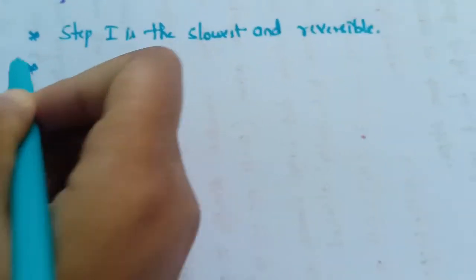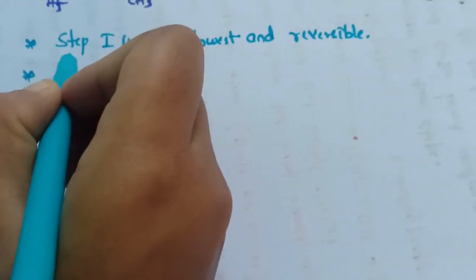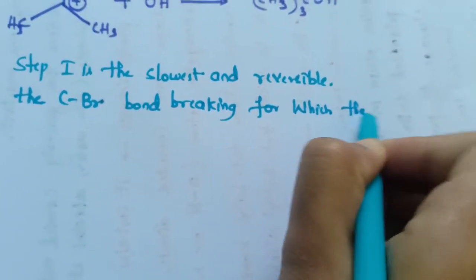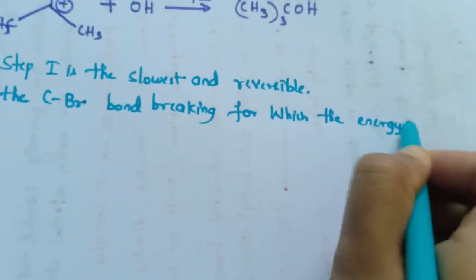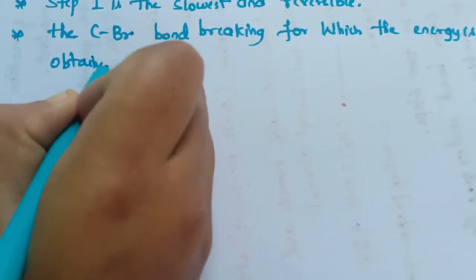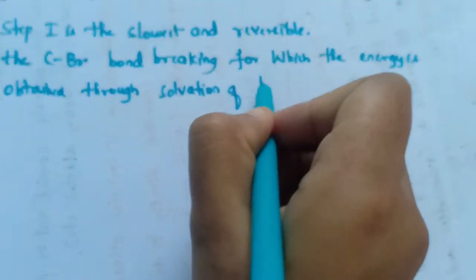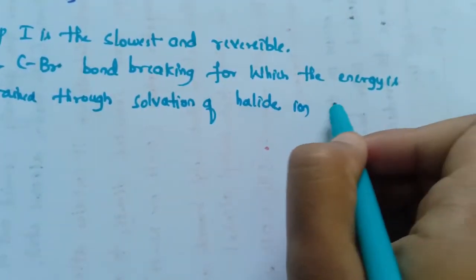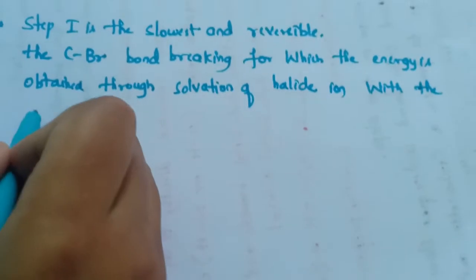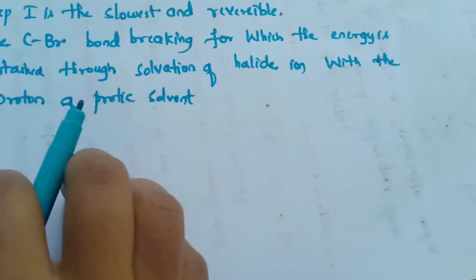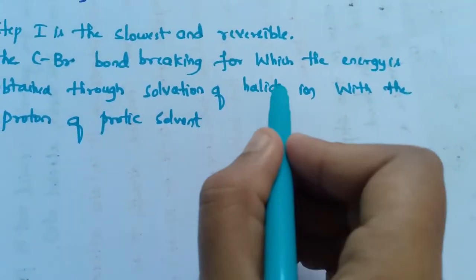Now the next point is the carbon-Br bond breaking, for which the energy is obtained through solvation of the halide ion with the proton of the protic solvent.